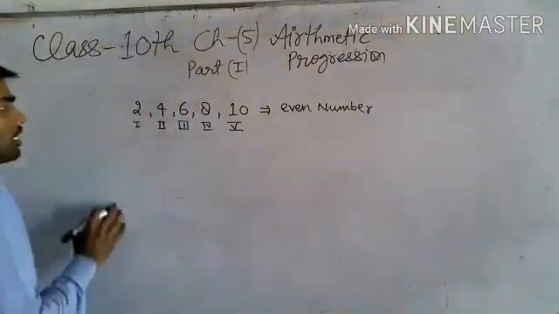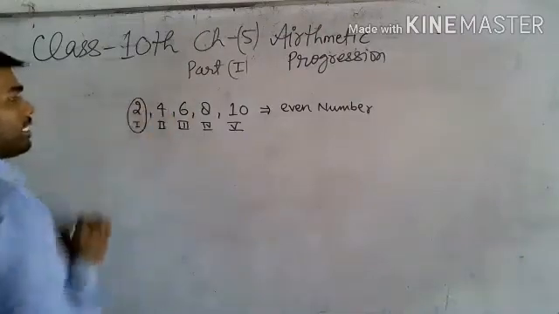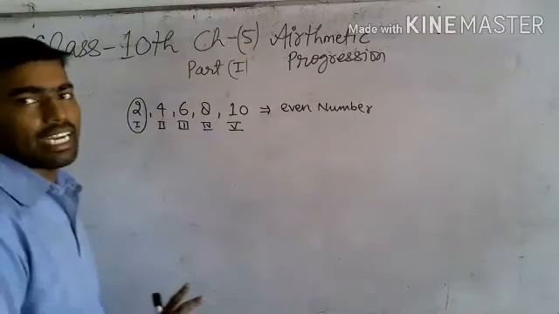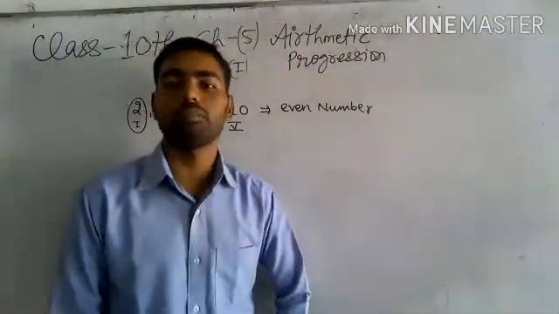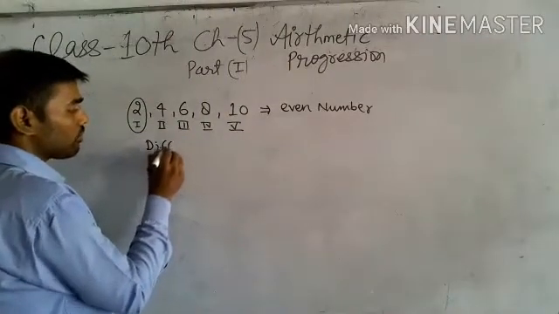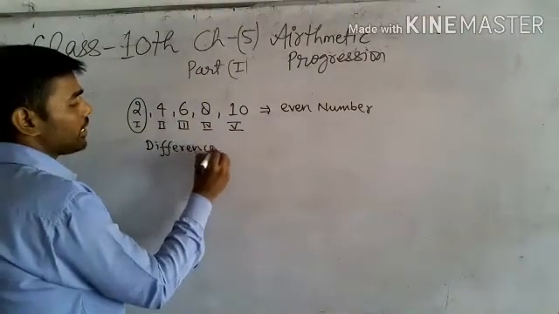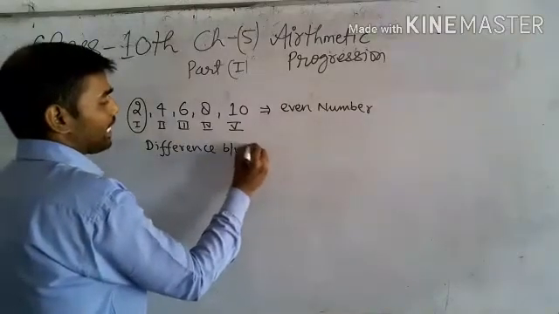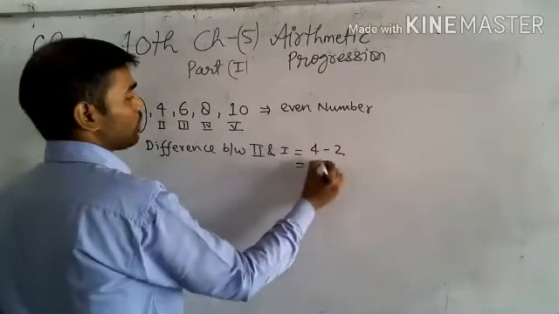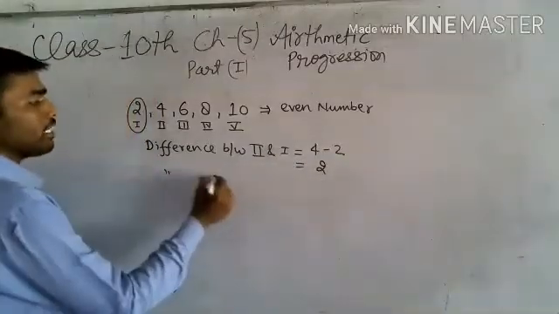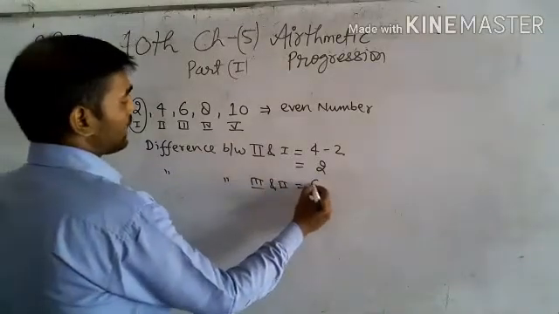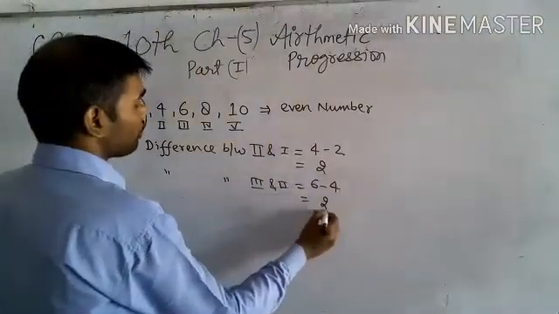Now this is the first term and this is the second term. What is the difference between the second and first term? The difference between the second and first term is equal to 4 minus 2, that is 2. Similarly, the difference between the third and second term is 6 minus 4, which is 2.